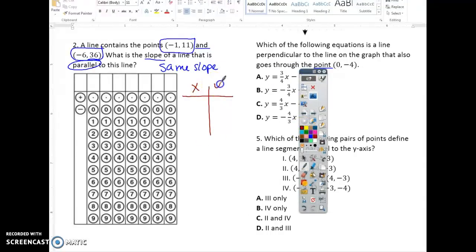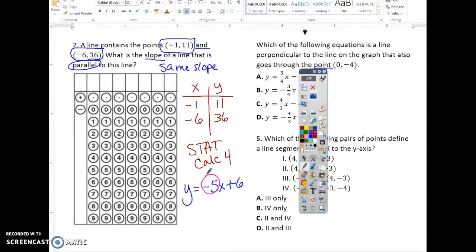So make your table, -1, 11, you're writing this down, -6, 36, stat, calc, 4. What was the equation? Did anybody do it? -5x plus 6. So I'm only worrying about the slope, which is -5. So you're going to put -5 right here.